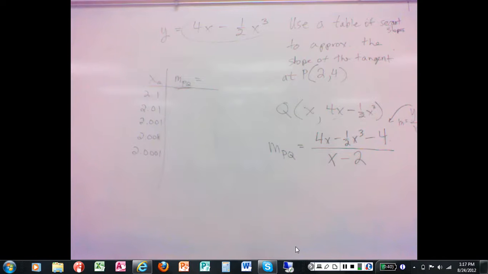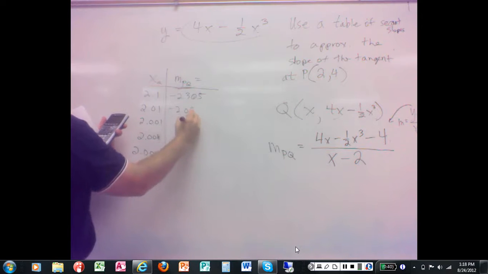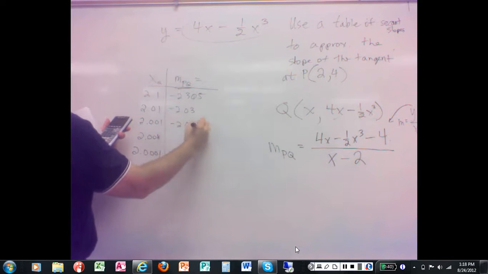Then go to the table, and we're going to do 2.1, 2.01, 2.001. For 2.1, I get negative 2.305. For 2.01, I get negative 2.03, then negative 2.003.